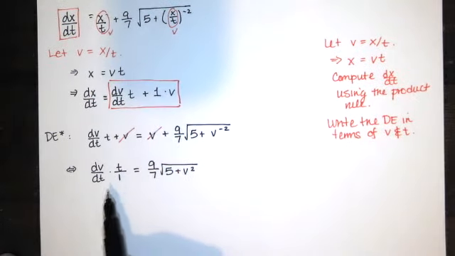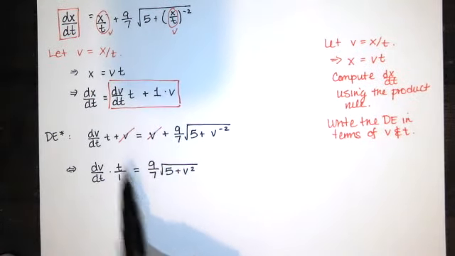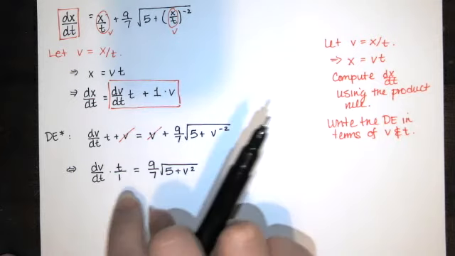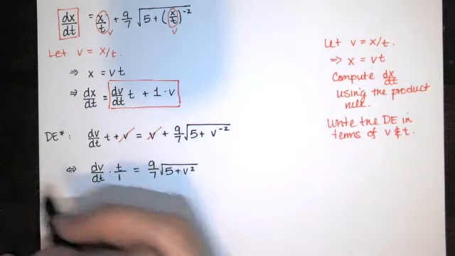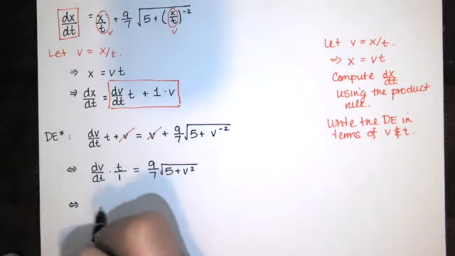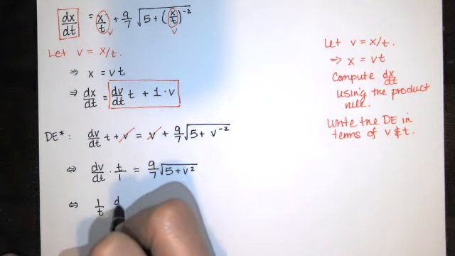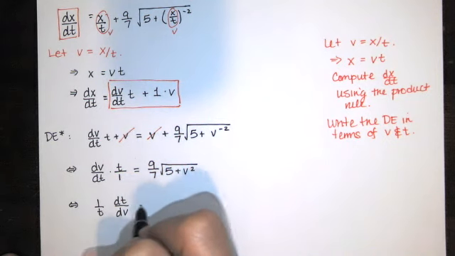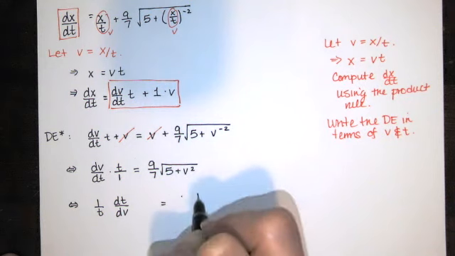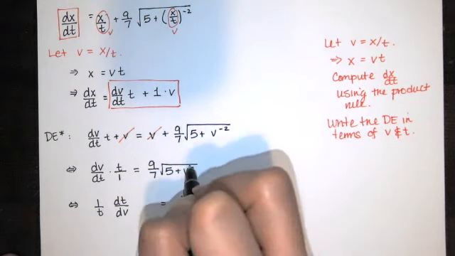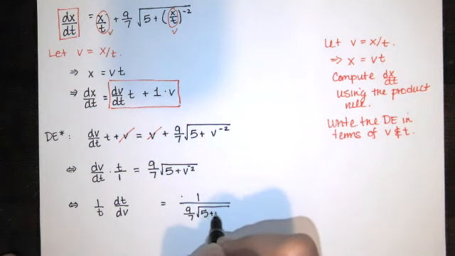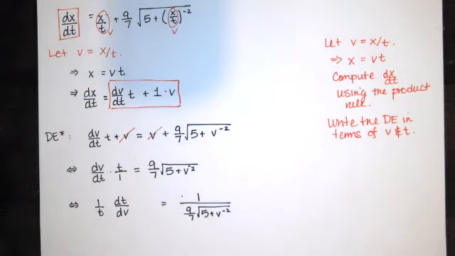Now, in order to get this dt in the numerator multiplying a 1 over t, so I've got a function of t times a dt, I'm going to take the reciprocal of both sides. And I'm going to change the order in that multiplication. So I'll have 1 over t times dt dv equals 1 over 9 over 7 times the square root of 5 plus v to the negative 2.